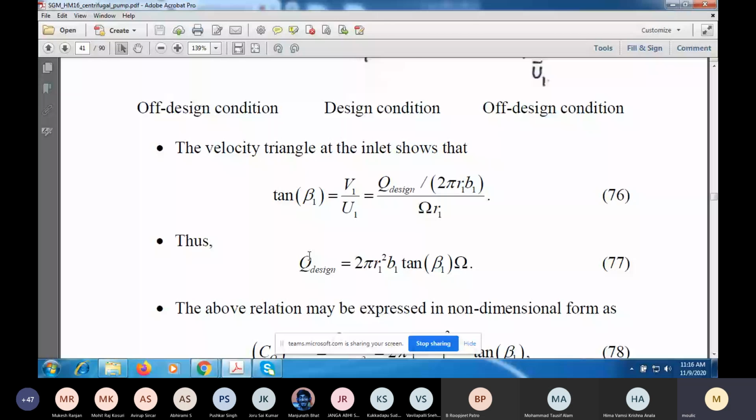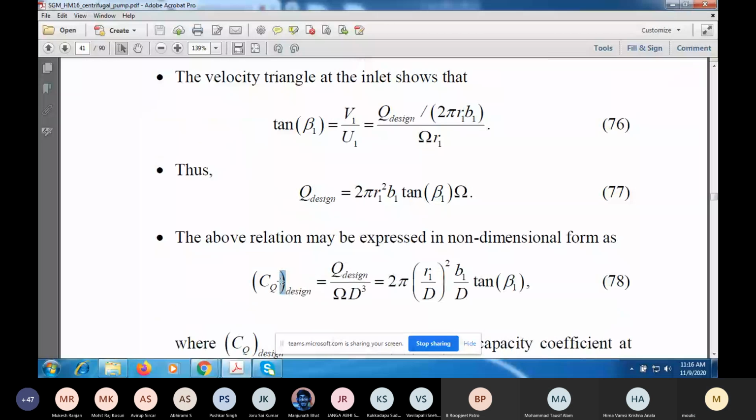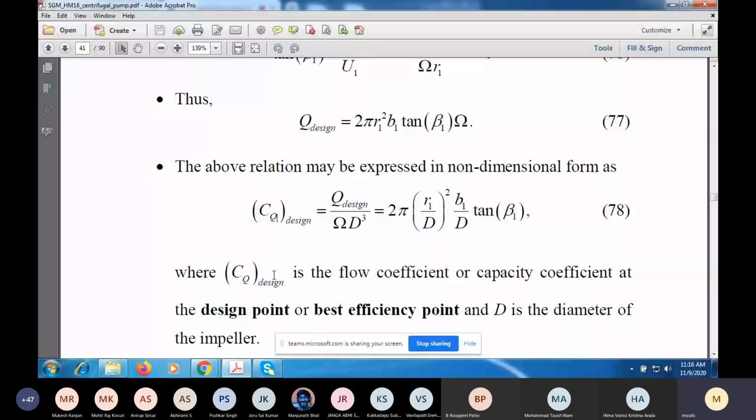And you can define a non-dimensional factor called the capacity coefficient, which I call C with a subscript Q, C for coefficient. So that is Q by omega d cubed, where d is the impeller diameter. So you can see that I can write it as this non-dimensional quantity here, which depends only on the geometry of the machine.